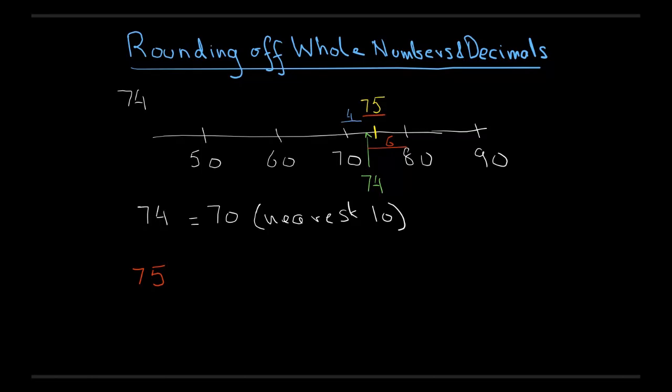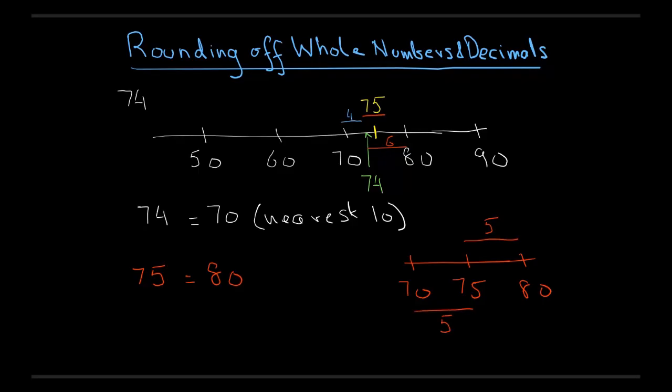So here's the number line. This is 75, this is 70, and this is 80. And both these distances are 5 units, right?